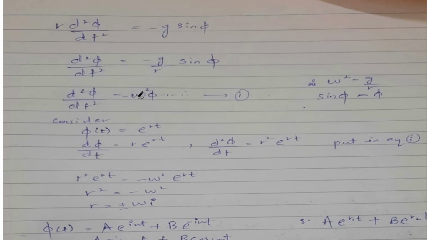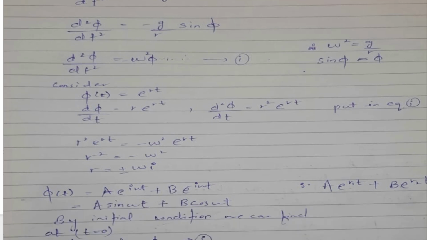Now put these values again into the second derivative and phi equation. Phi equals e to the power rt, which is exponential notation. The e^rt and this e^rt cancel out, and the remaining terms are the same. After taking the square root, you get a complex value, in negative and positive form.